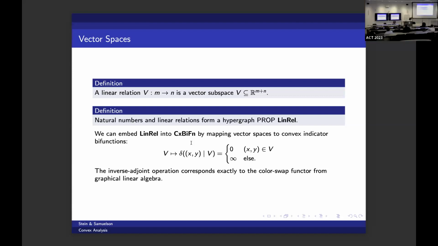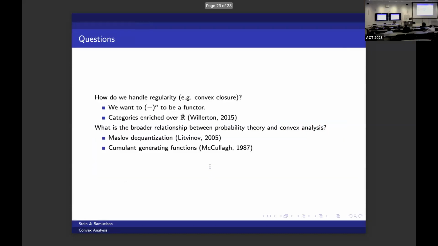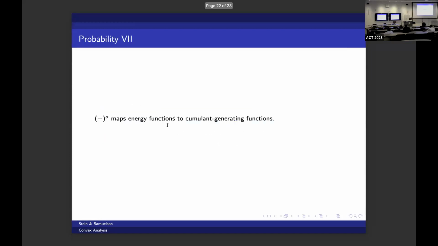Thanks for the nice talk, Richard. So at the end, you sort of alluded to this, when you said that the inverse adjoint sends the energy function to the cumulant generating function. It got me thinking about exponential families, right? Which are this nice class of distributions used in statistics that have very well behaved cumulant generating functions.